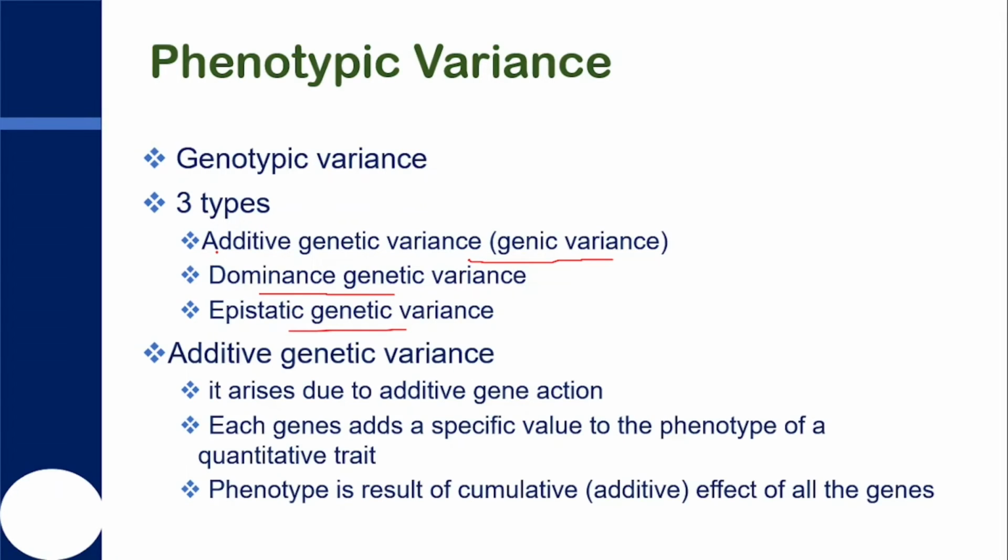So what is additive genetic variance? The additive genetic variance arises due to additive gene action. So the variance which is due to additive gene action is known as additive genetic variance.